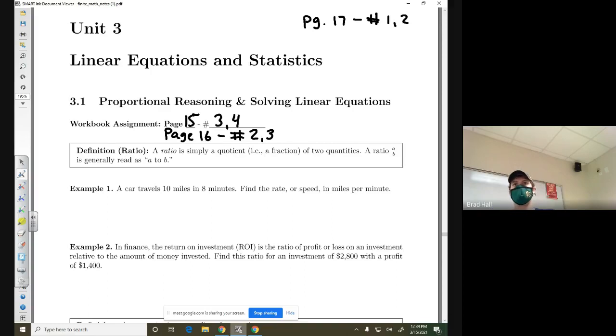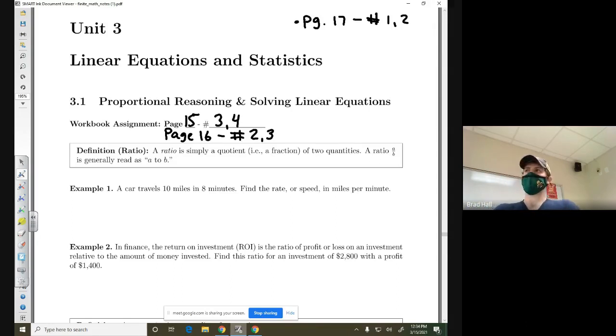Workbook number 5 will entail those 6 problems: page 15, page 16, and then page 17 that I wrote at the top. That will encapsulate the 5th workbook assignment that will be due this Friday. Let's move on to the lecture material.